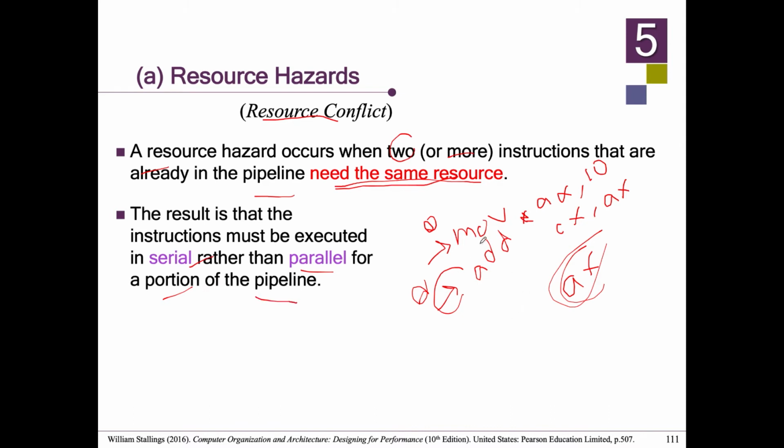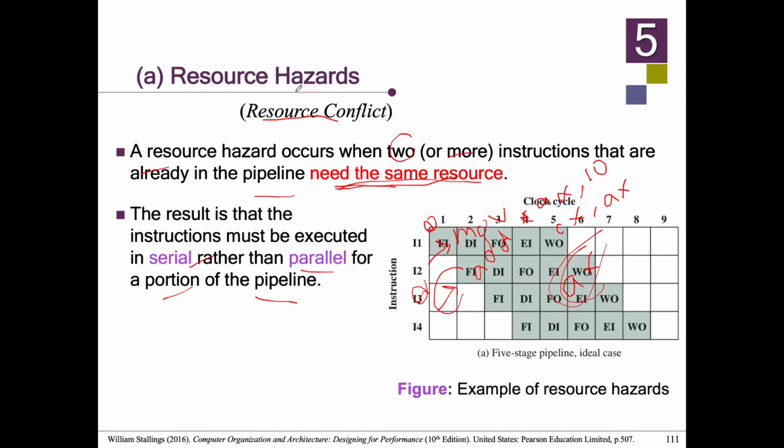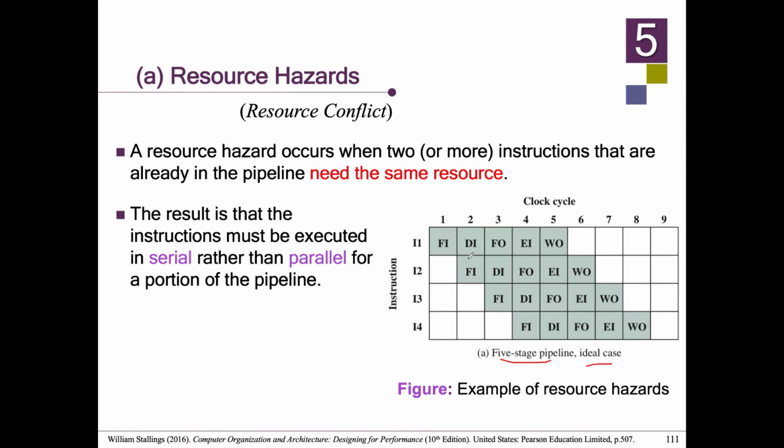If this problem comes in, then you can use a solution for your resource hazard. What is the solution? This figure has 5 stages of pipeline in the ideal case. So you can see this is the ideal case with no resource hazard.